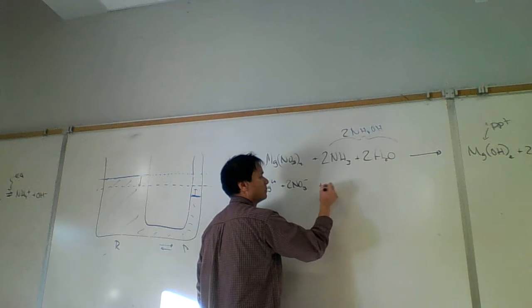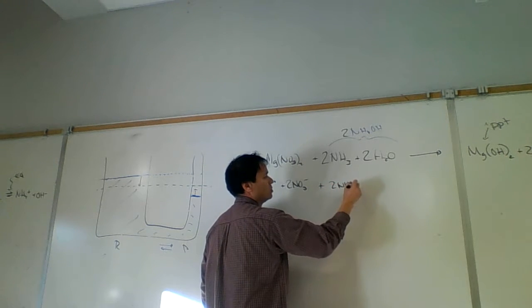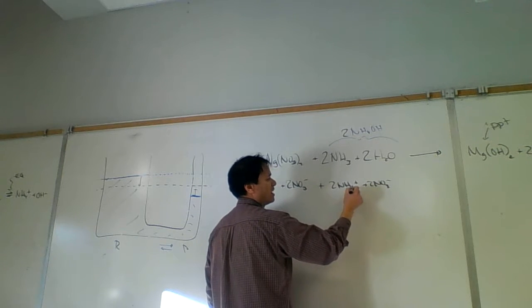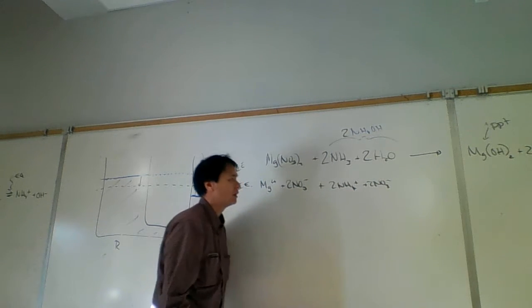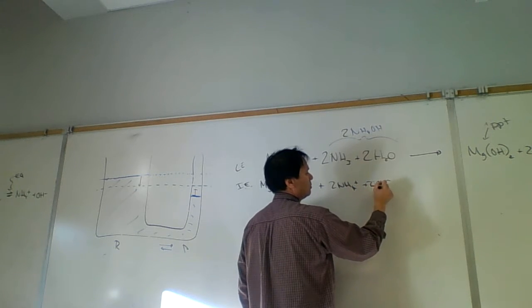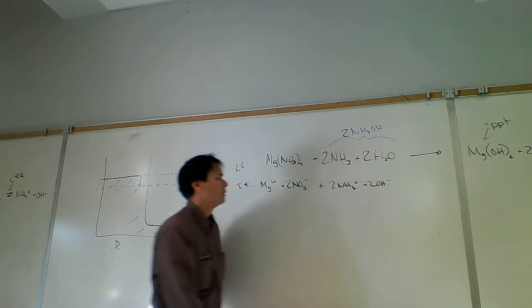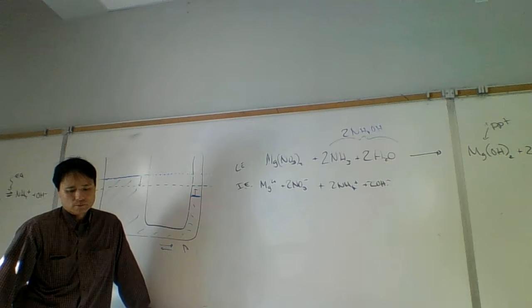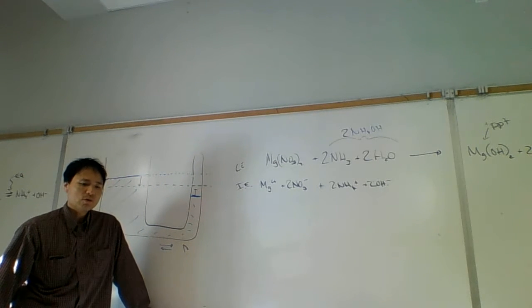Well, this is a common mistake. People will ionize it. They'll go 2 ammoniums plus 2 nitrates. Well, it's not really a mistake. In fact, not 2 nitrates, 2 hydroxides. They'll go 2 ammoniums and 2 hydroxides. It's not really a mistake, but the problem is you don't go and buy ammonium hydroxide.